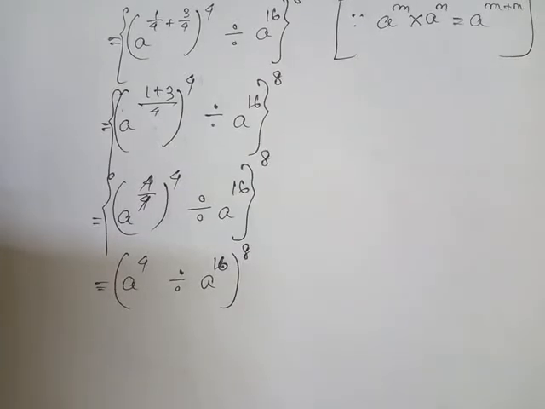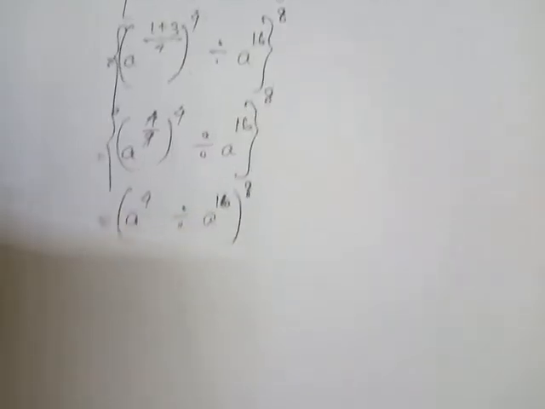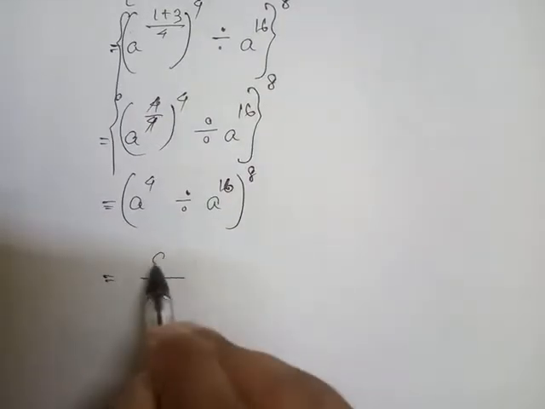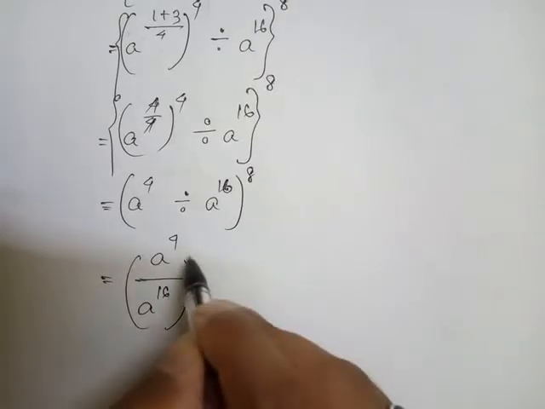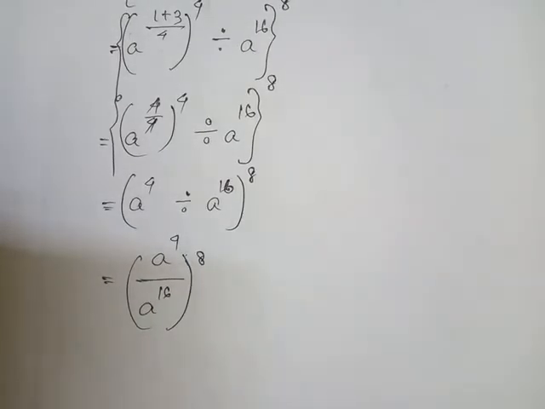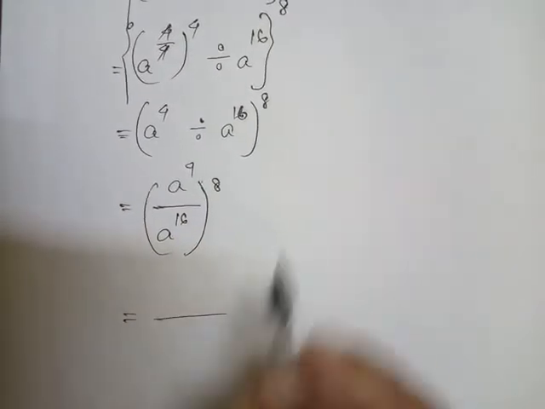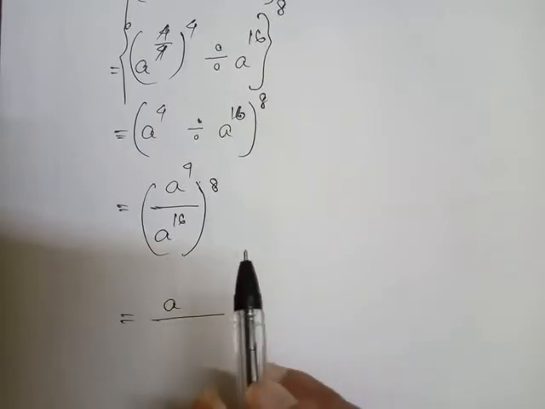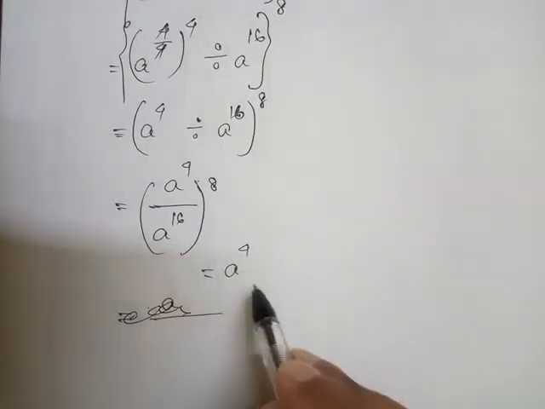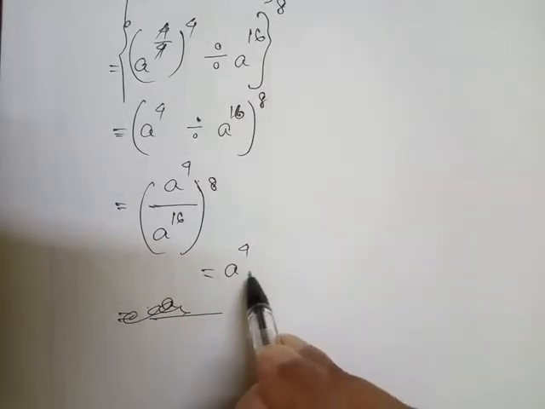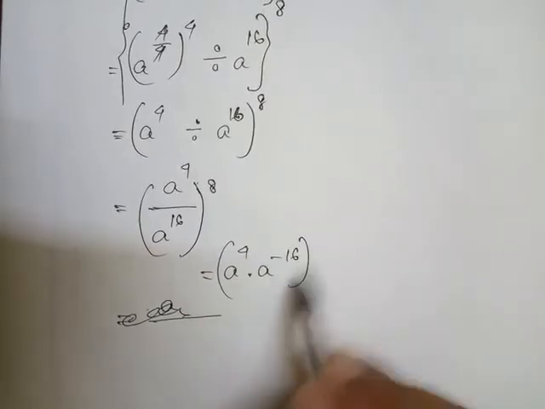Now look here, a to the power 4 divided by a to the power 16, this can be written like a to the power 4 division a to the power 16 whole to the power 8. Now look, next one would be, if I go for the split up here, then a to the power 4, and this I will write here that into a to the power minus 16, so whole to the power 8.